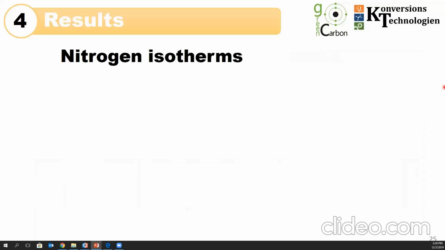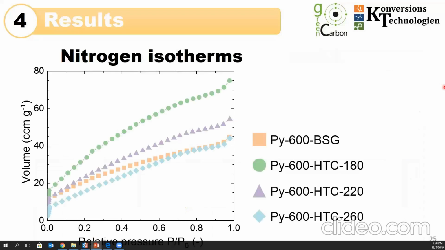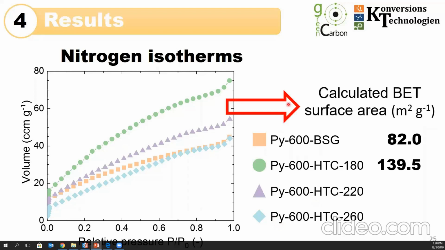And I would like to show you some nitrogen isotherms for the materials. Again, I chose biochars produced at 600 degrees because they show the highest surface area. So for the one-step process, the surface area was around 82 square meters per gram. This value is not so high. However, the spent grains don't have a real structure to create high pores compared to wood, for example.